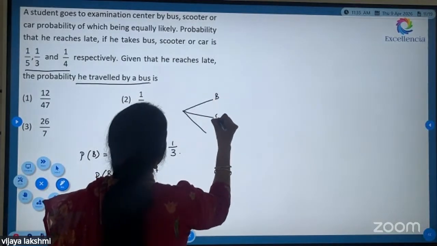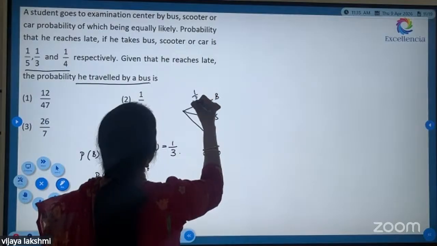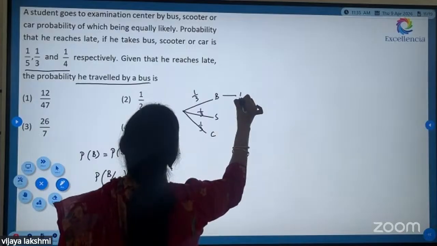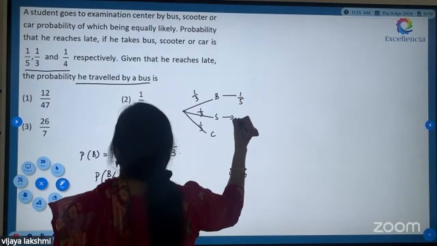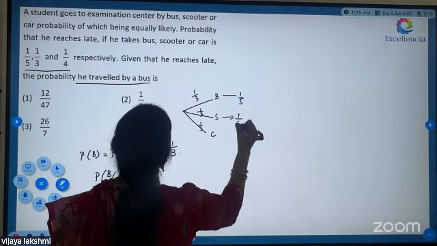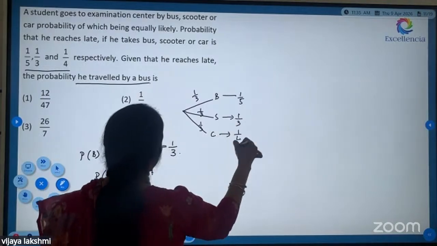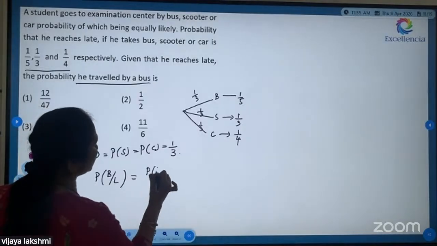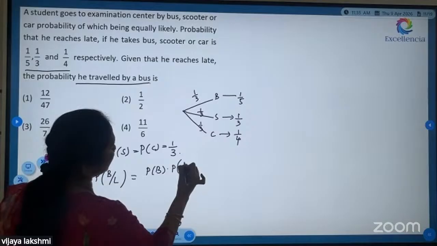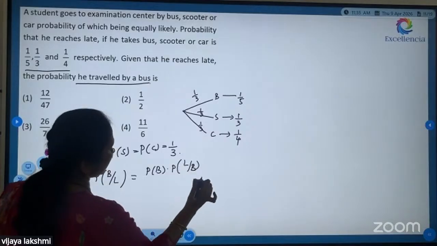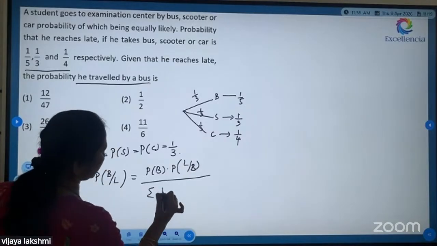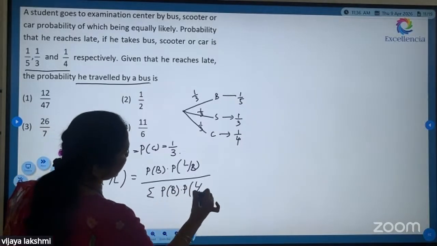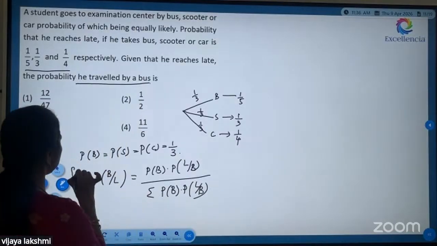Bus, scooter, car, equal probability 1 by 3, 1 by 3, 1 by 3. The probability of late for bus is 1 by 5, scooter 1 by 3, and car 1 by 4. Now bus is taken. That's why probability of bus into probability of late by bus is divided by sigma all the 3 cases, the total probability derivation in the denominator.